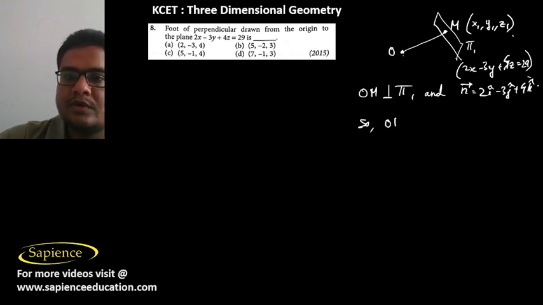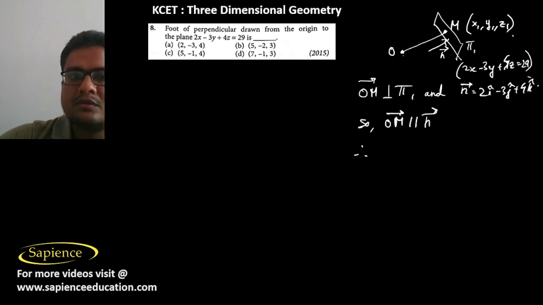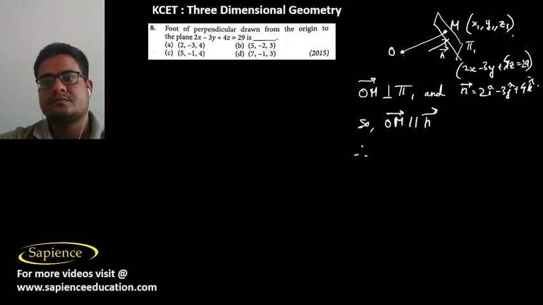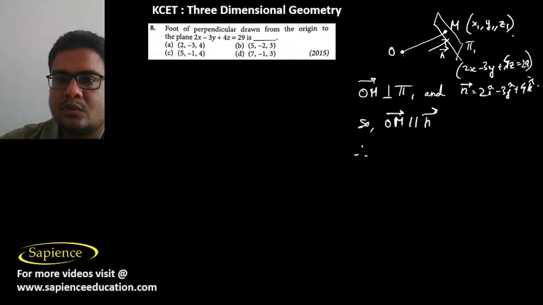OM vector is parallel to n vector. So therefore I can say that OM vector is some lambda times n.